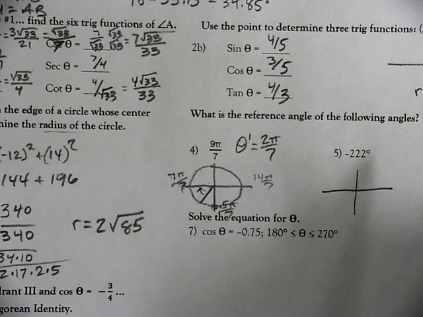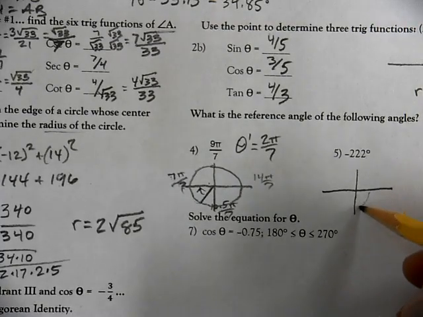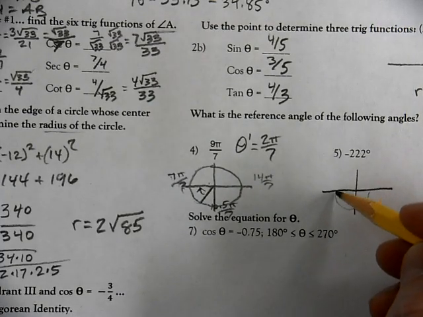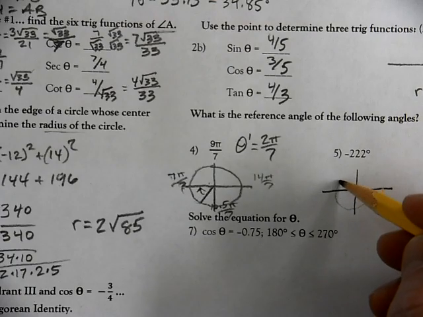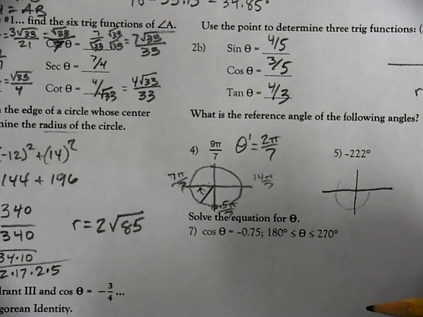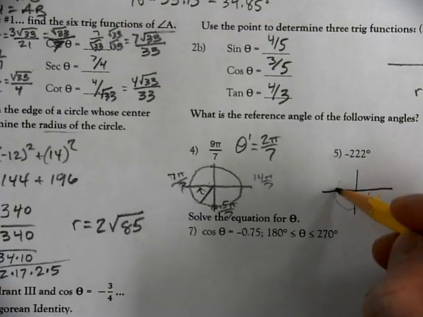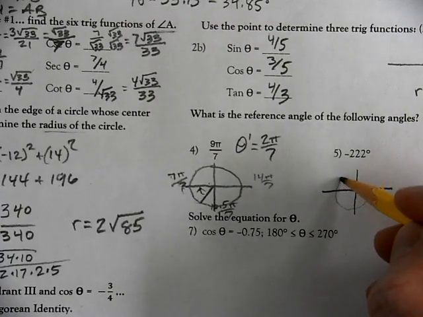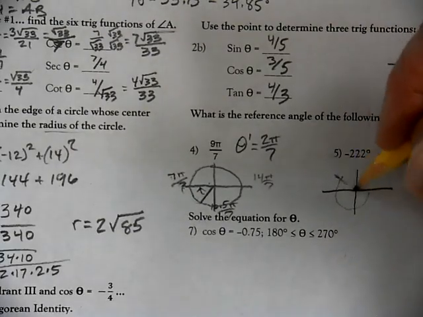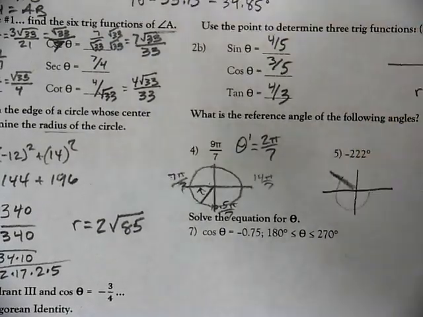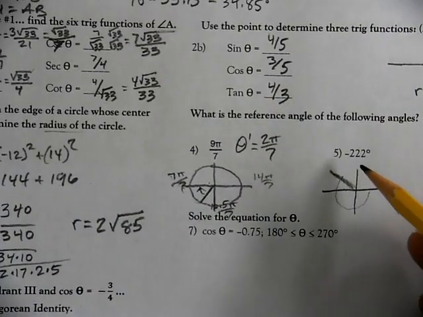Negative 222, well, that would be negative 90. Negative 180. 30 more would be negative 210. 12 more would be negative 222.